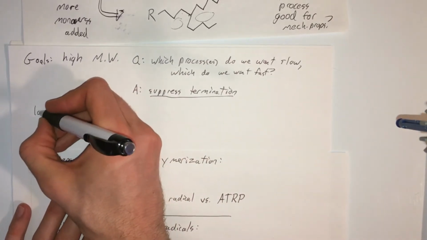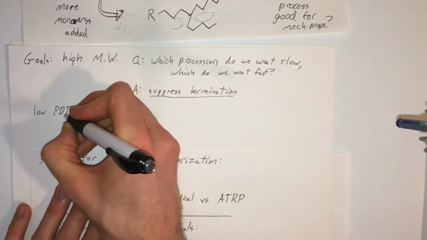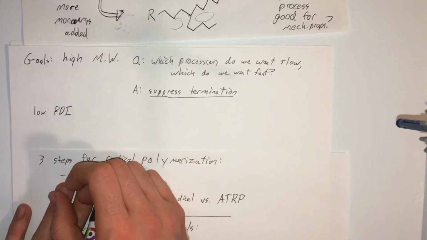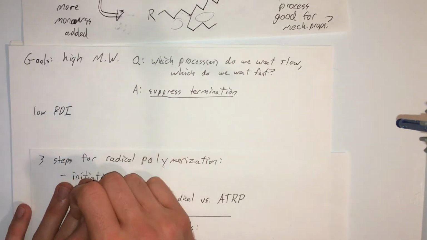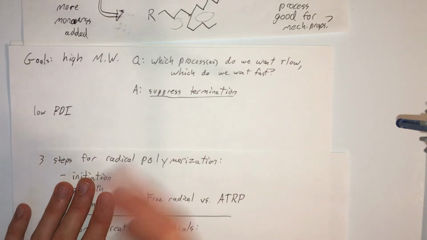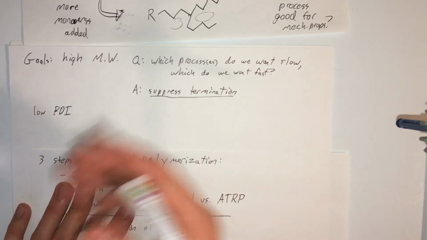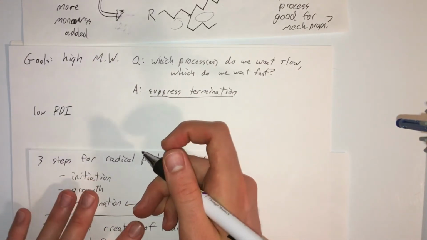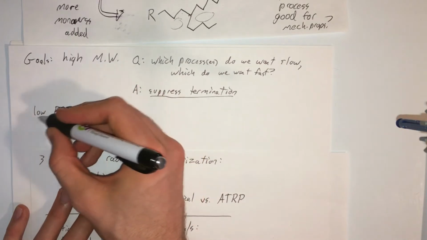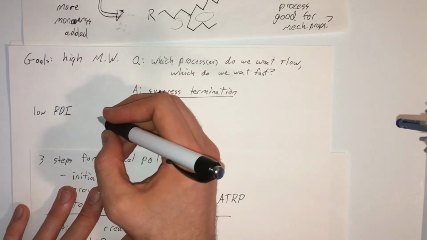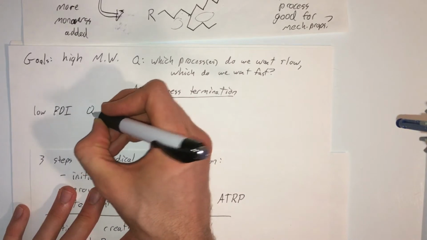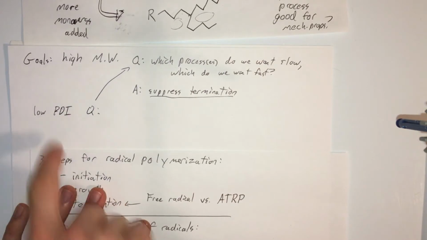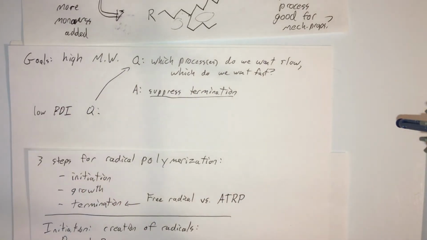In general, we want a low polydispersity index, because that means all of our polymer chains will be approximately the same molecular weight as each other, so we know we have homogeneous properties. The way in which they interact with their environment will all be the same, so we can create more reliable biomaterials products. So if we want a low polydispersity index, which processes do we want slow and which do we want fast? My question is the same as before, only this time we're trying to get a low polydispersity index.